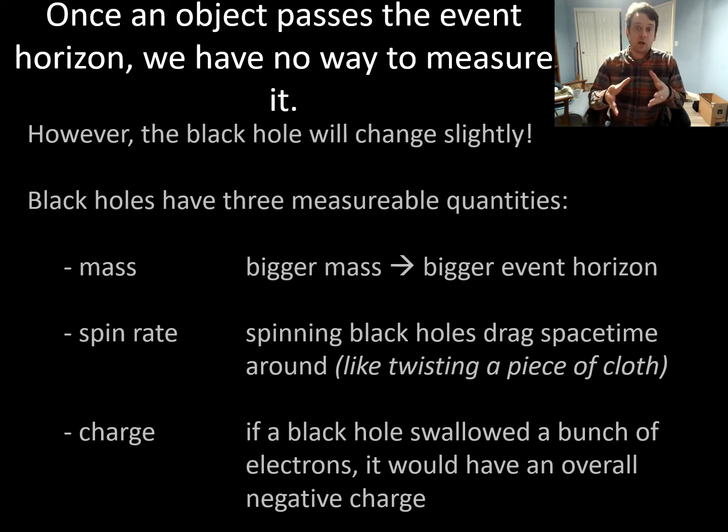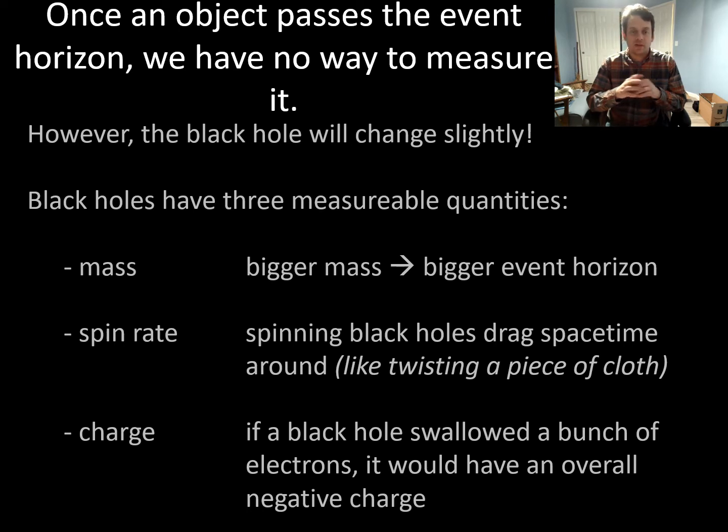But the black hole will change a little bit as something passes through the event horizon into the black hole. And so it's not completely lost. Not all of the details are lost, but a lot is.